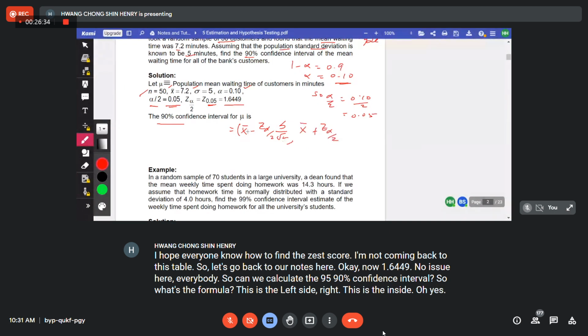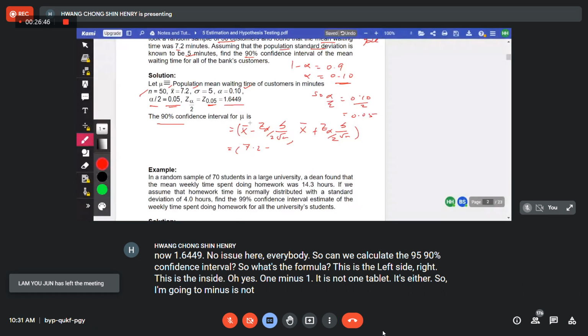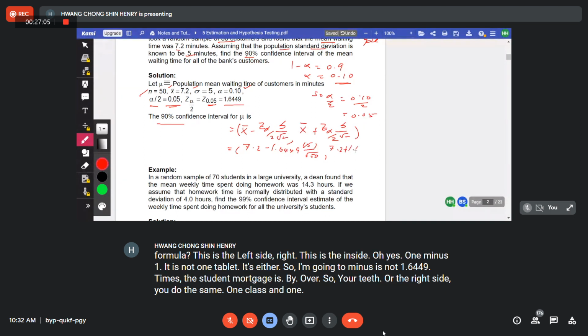Both formulas are the same, one minus, one plus. Okay, can someone calculate? X bar is 7.2 minus this 1.6449 times the sigma, which is 5 over root 50. For the right-hand side, you do the same, plus instead of minus.